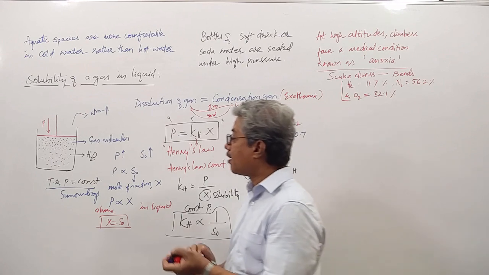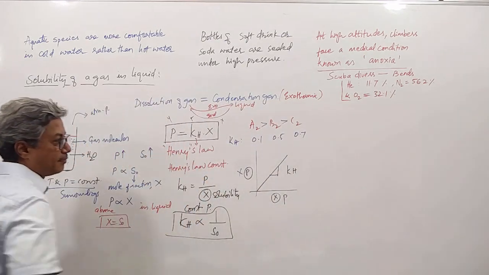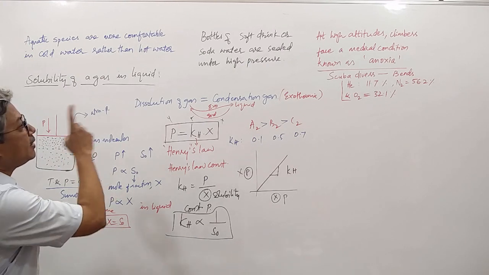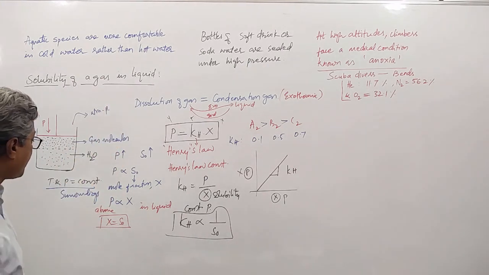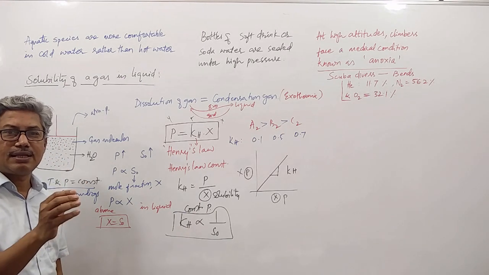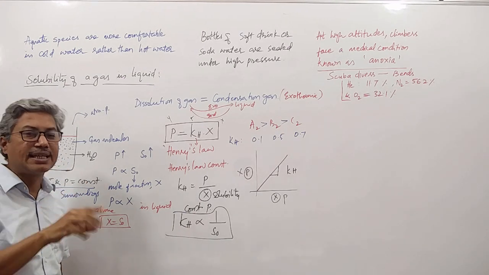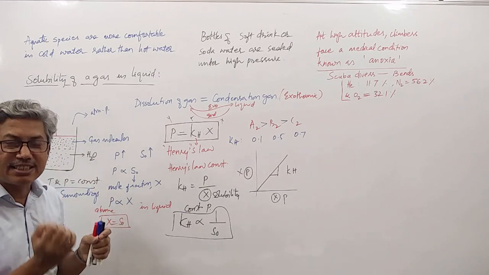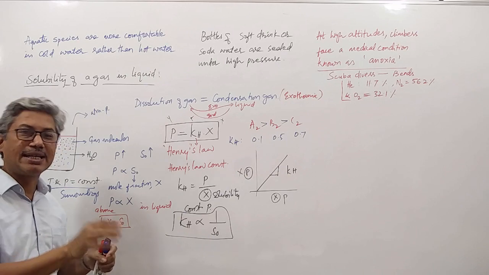Okay. Now, by using this law, we can try to answer these questions. See here, if you increase pressure, then solubility increases. In addition to the increase in pressure, if you decrease temperature, then also solubility increases.